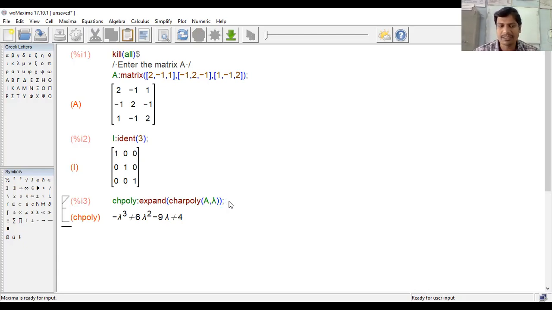That is the equation. Next, go to substitute, SUBST, that is the simplification. Then bracket of, remember this one, this is important: A, then comma, then lambda.